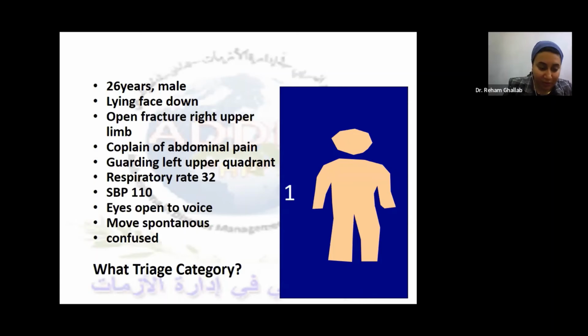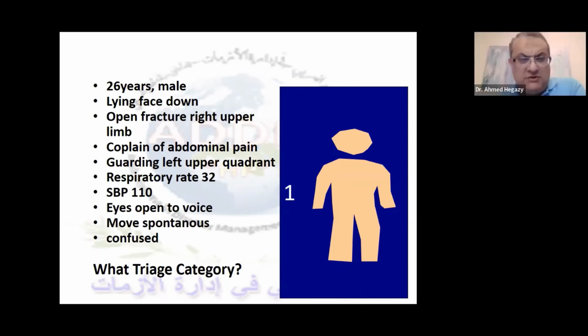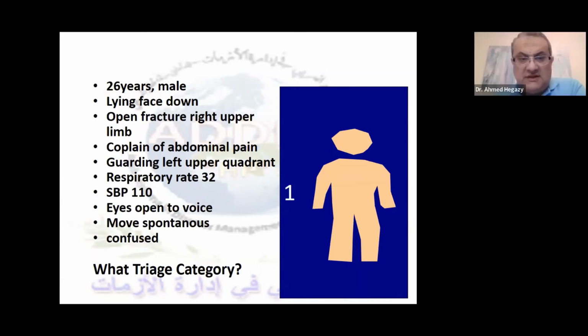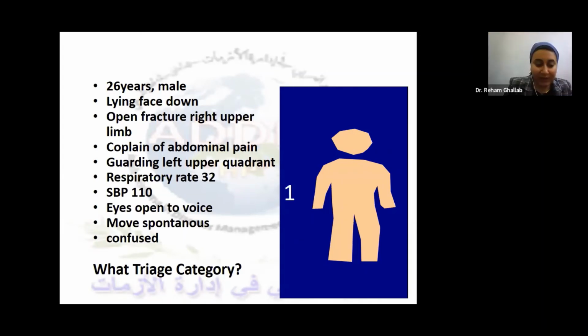Motor. He is moving spontaneously. I don't know which one, but I see that he has abdominal pain. Moving spontaneously is a free motor, follows commands, as we asked him to move.